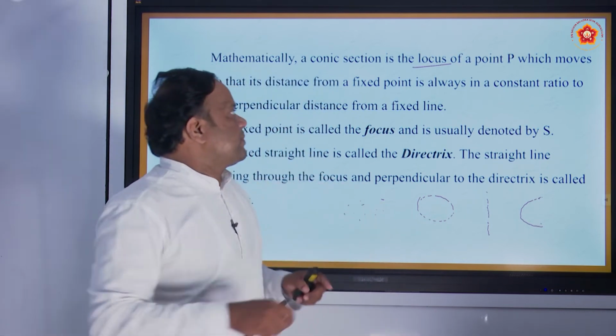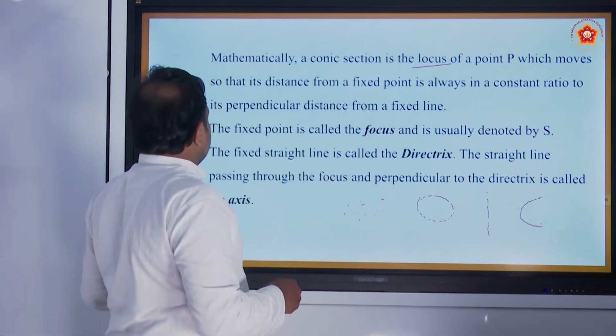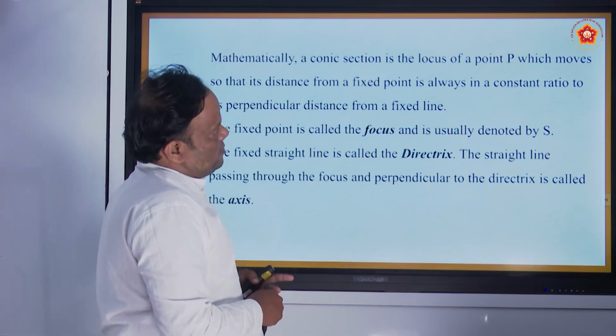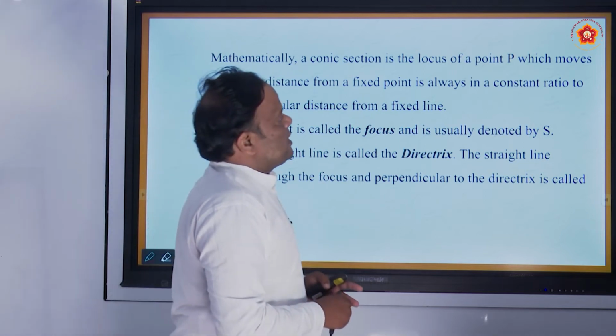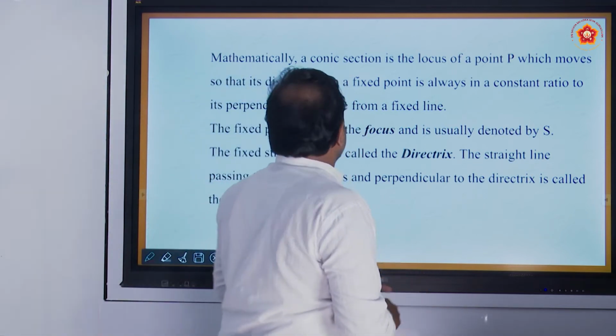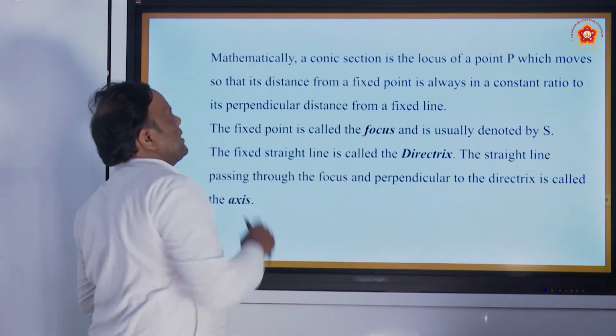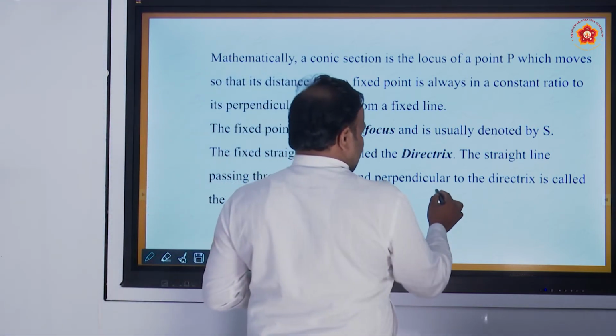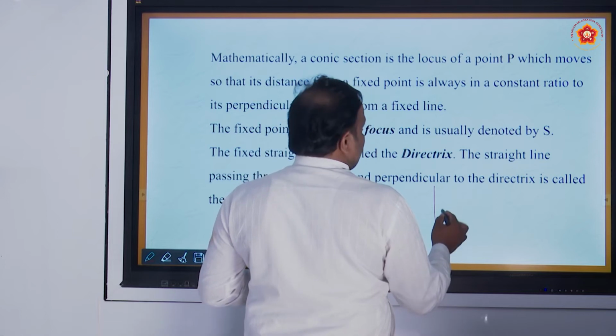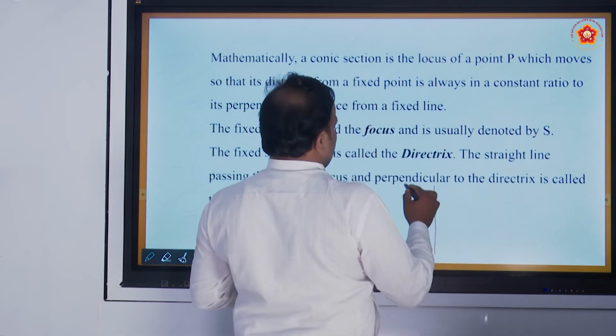That point P moves so that its distance from a fixed point is always in a constant ratio to its perpendicular distance from a fixed line. See, I draw one figure here, then you can easily understand the mathematical definition of a conic.